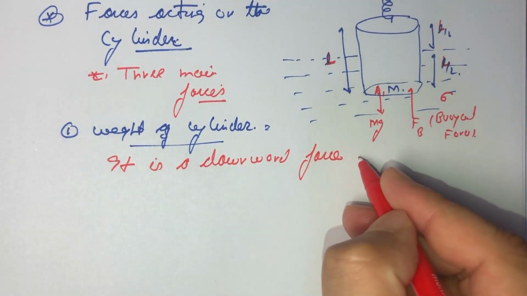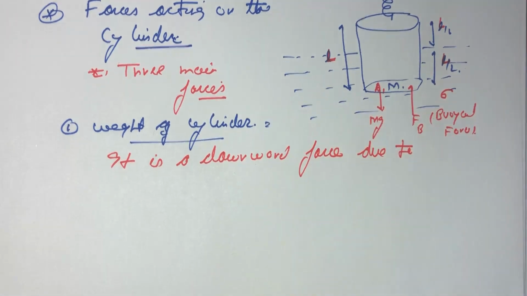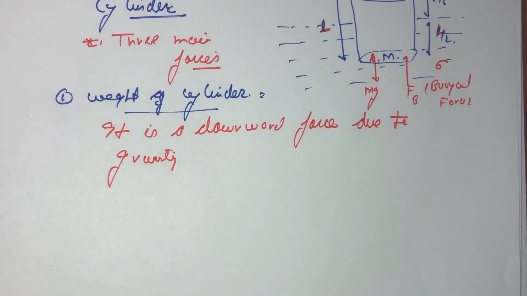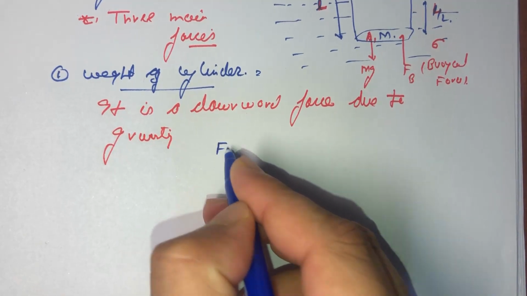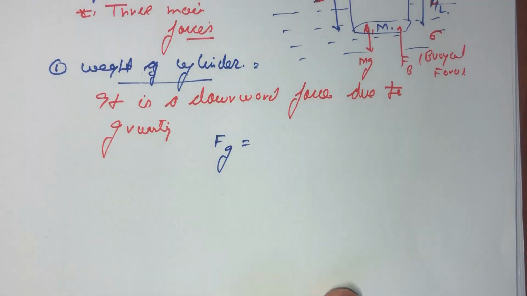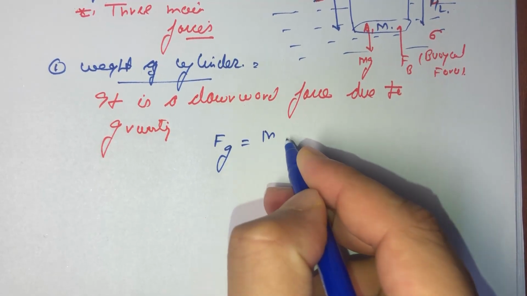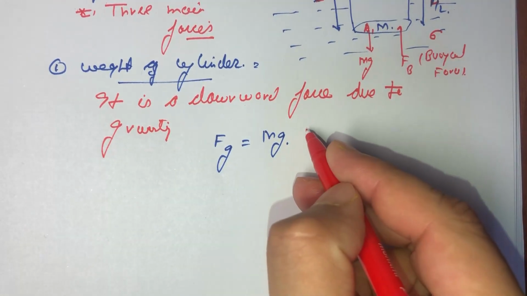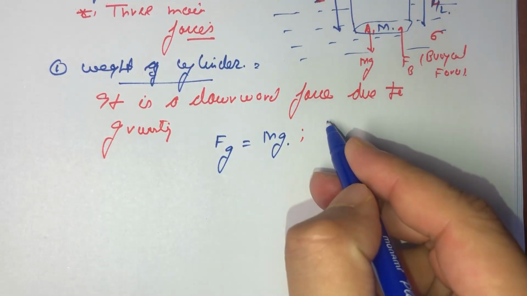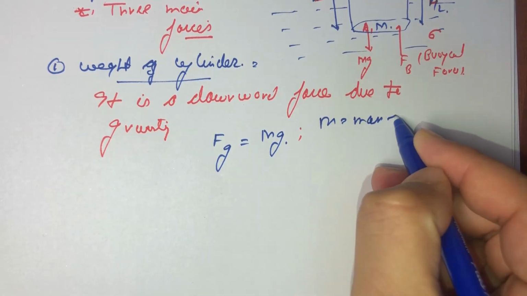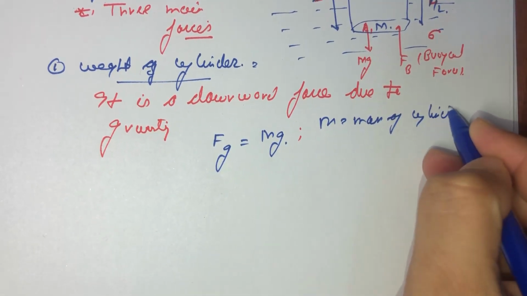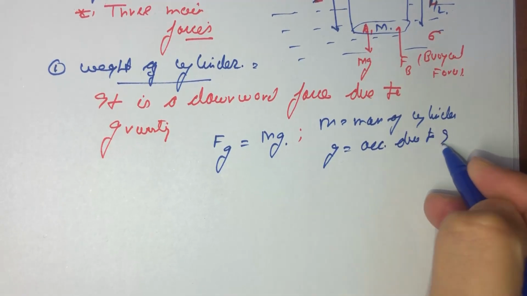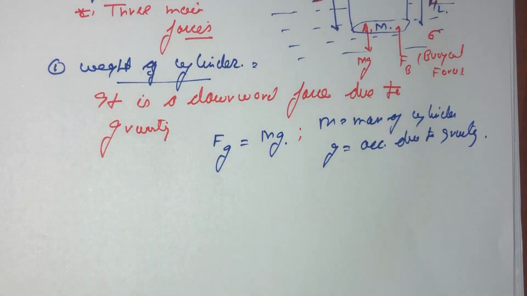Let us call this Fg, and this will be equal to mass into g, acceleration due to gravity, where m is the mass of the cylinder and g is acceleration due to gravity.